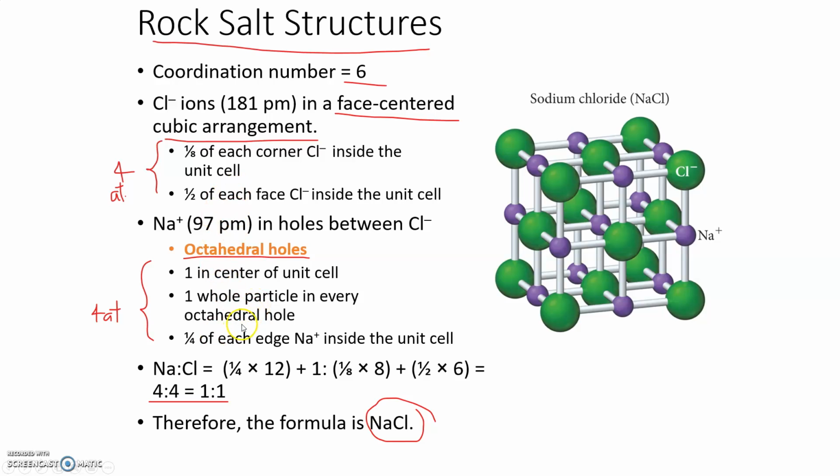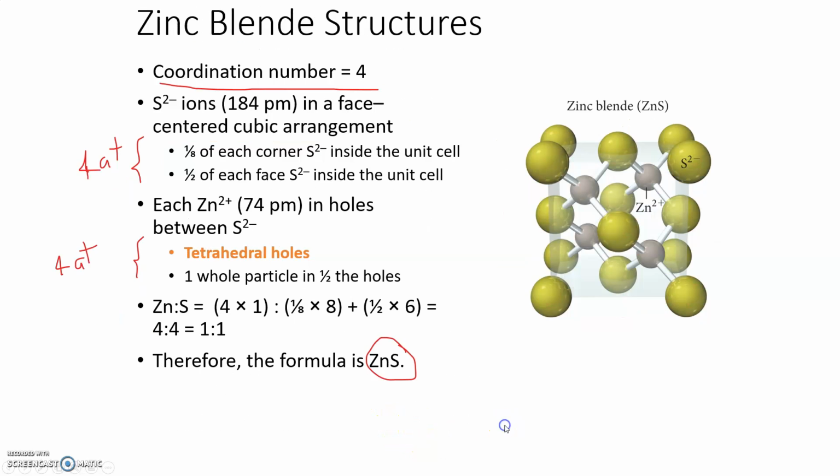As you can see here, you can stop the video and you can study this explanation. The result is that you have 1 cation per 1 anion in the structure. So the formula of this compound is NaCl, 1 cation per 1 anion.